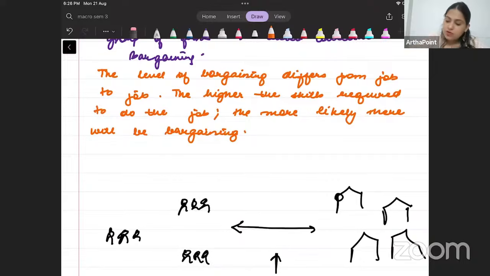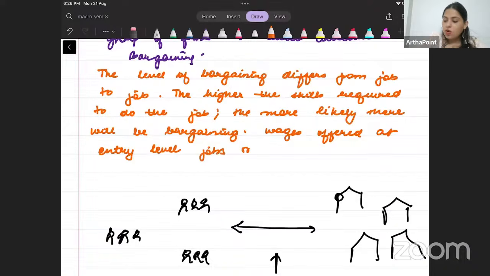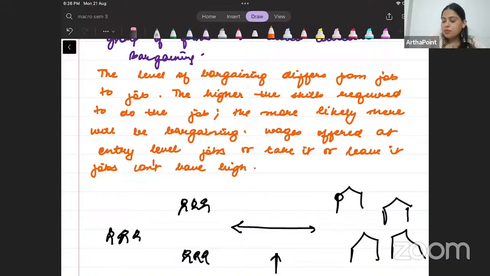So please write down wages offered at entry level jobs, or take it or leave it jobs, cannot have high bargaining attached to it.